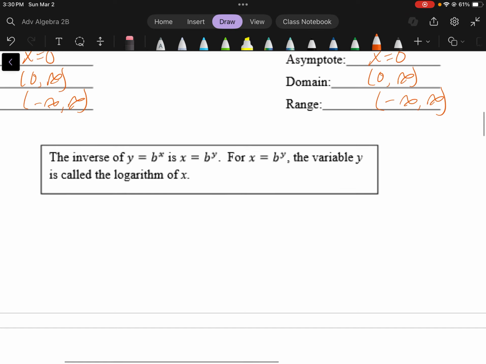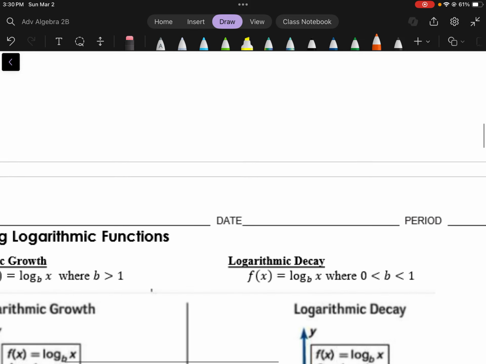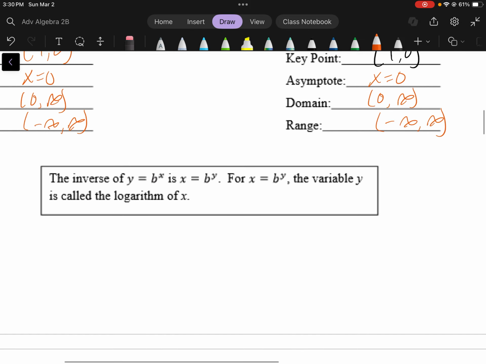Logarithms solve for the exponent of the equation in exponential form. So that'd be y equals log base b of x. Again, that's how you need to say it. If I ever asked you to read this out loud, you would need to literally say log base b of x.